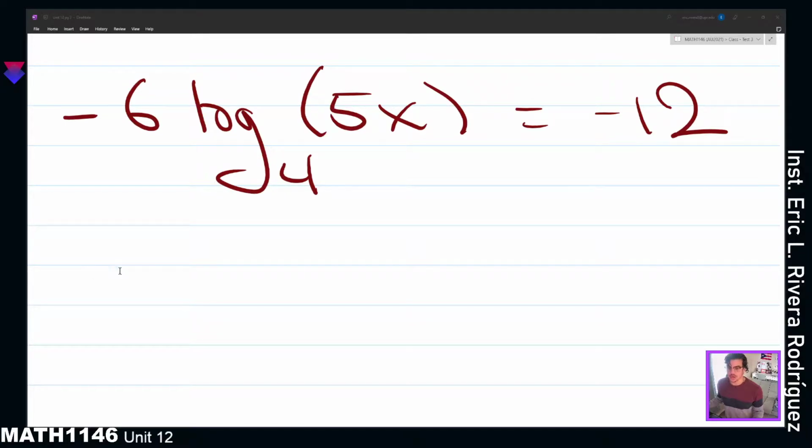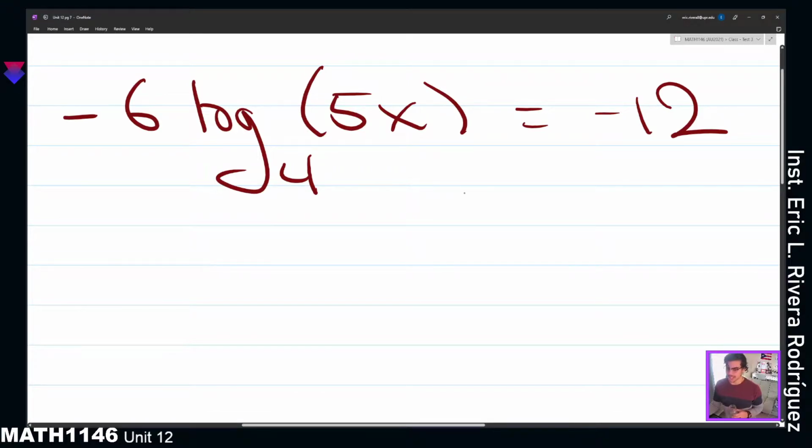Okay, so how would you solve this equation? What is the first thing that is preventing you from reaching the value of x?